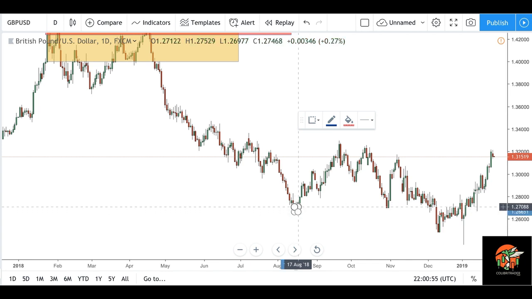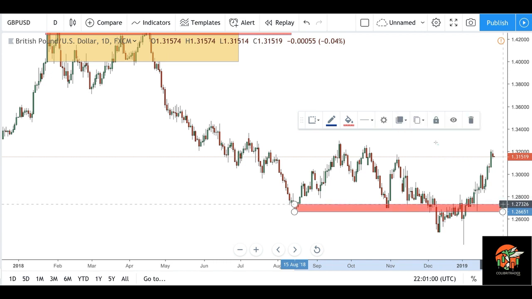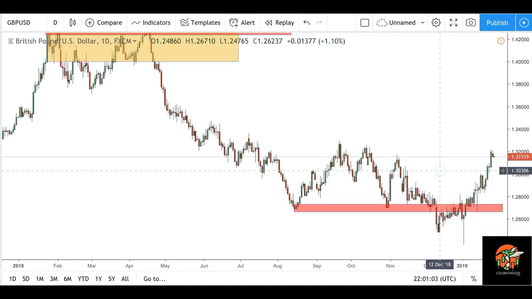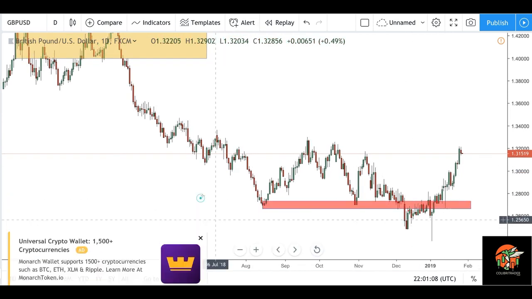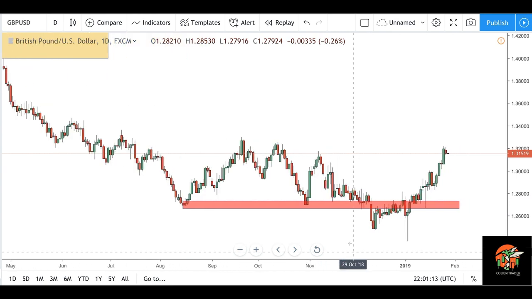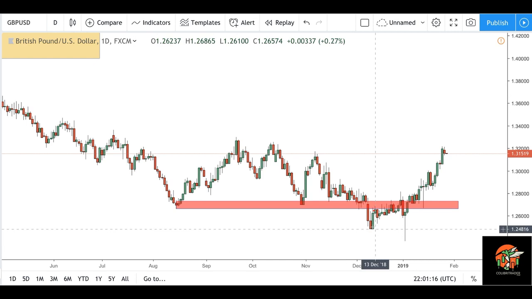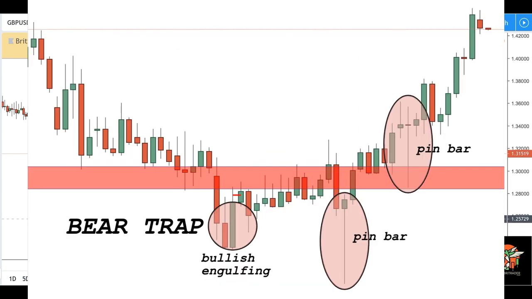If I draw the support level here on the bottom of the chart, connecting those two lows, you're going to see that price broke below this level, in pretty much the same but reversed scenario. Then what I usually do is wait for a price action signal that rejects this breakout, which comes here in the form of a bullish engulfing pattern on the bottom, and then wait for the price to reverse.